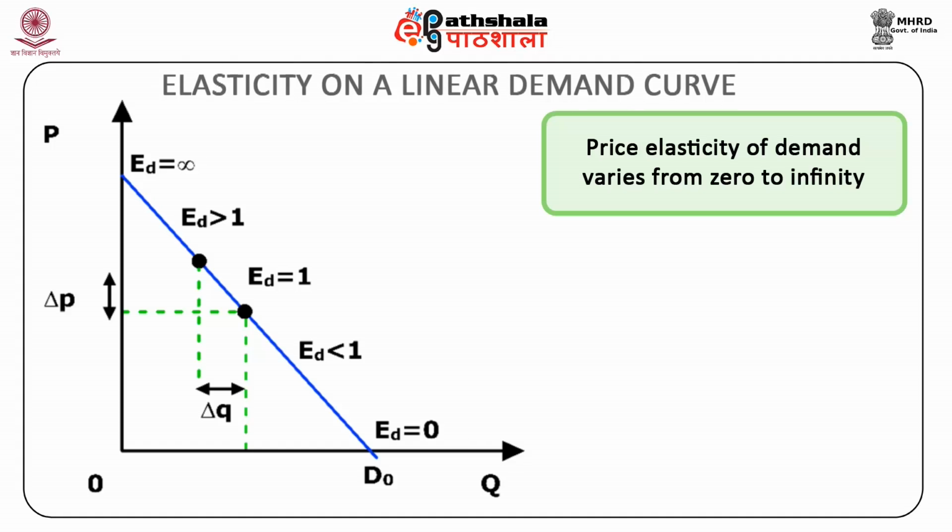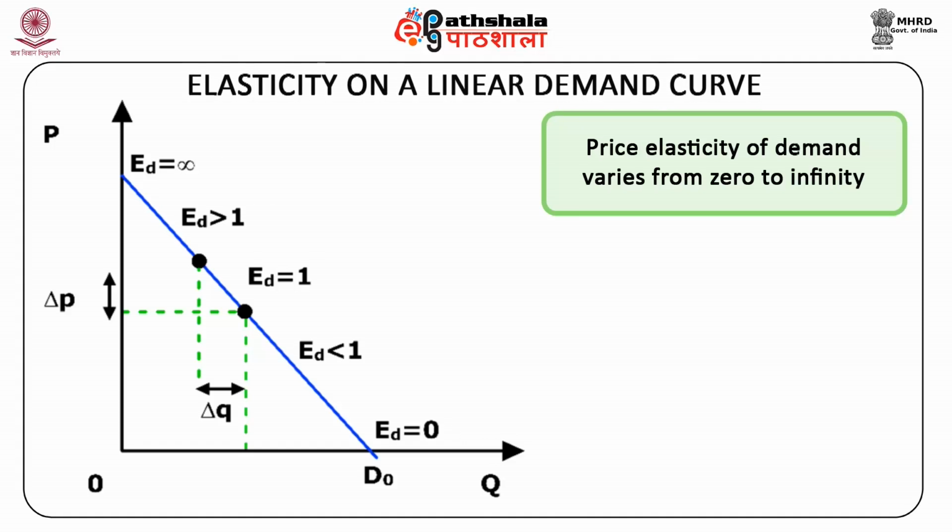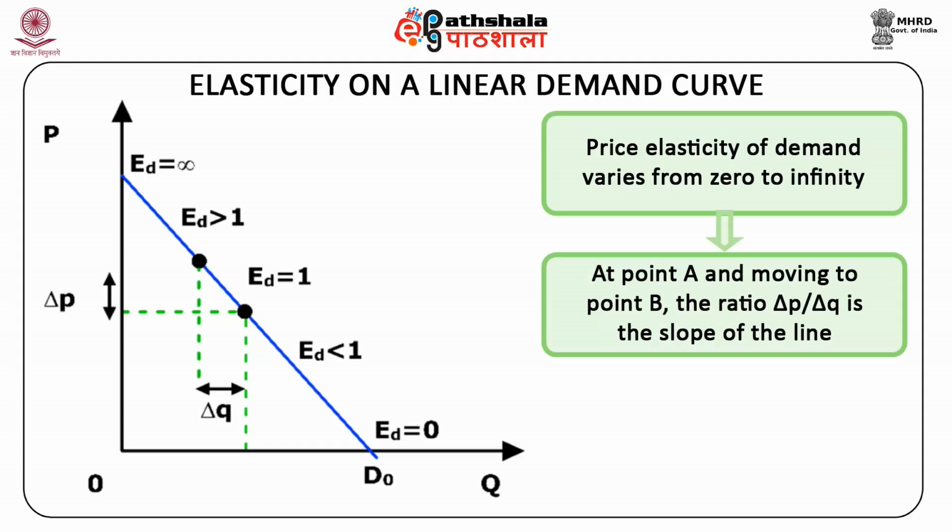According to Lipsey and Crystal, elasticity depends on the slope of the demand curve and the point at which the measurement is made. Starting at point A and moving to point B, the ratio change in P by change in Q is the slope of the line, while its reciprocal, change in Q by change in P, is the first term in the percentage definition of the elasticity.